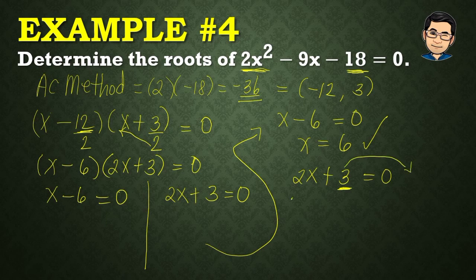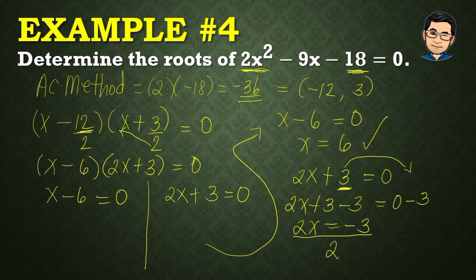So, ang gagawin natin, magsusubtract tayo ng 3 to both sides. So, rewrite 2x, and then 3 minus 3 is 0. And then 0 minus 3 is negative 3. And then divide the whole equation by 2. So, para matanggal yung numerical coefficient ng x. So, the value of x now is negative 3 over 2.